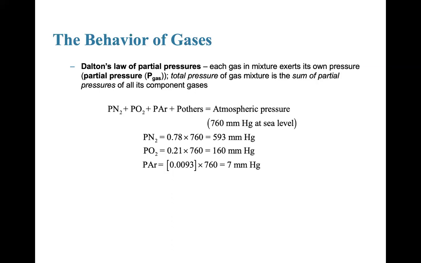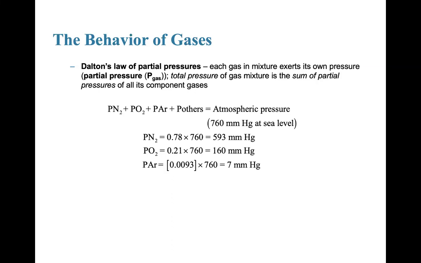So for example, if we have nitrogen in our atmosphere, and that accounts for 78% of the atmospheric air, in order to figure out the partial pressure for nitrogen, you would take atmospheric air, which is a pressure of 760, multiply it by 78% or 0.78, and it comes out to 593, which would be the partial pressure of nitrogen in atmospheric air.